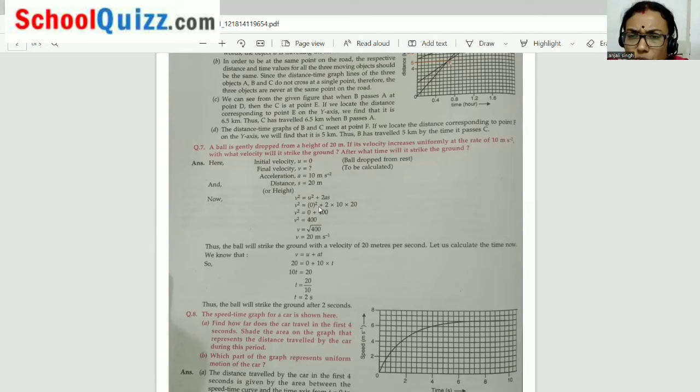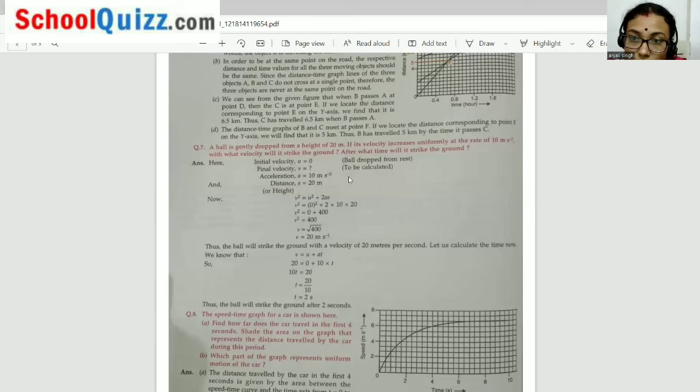The 2 is in the equation, a is the acceleration with value 10, and s is 20. First simplify the multiplication, then the square goes to the other side and becomes a root. So v is equal to 20 meter per second.